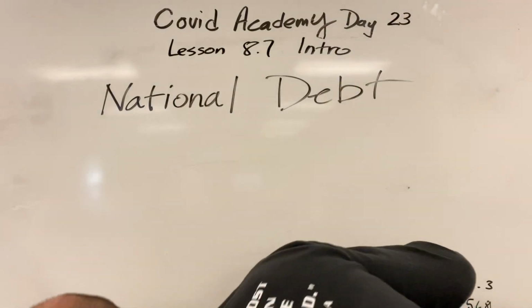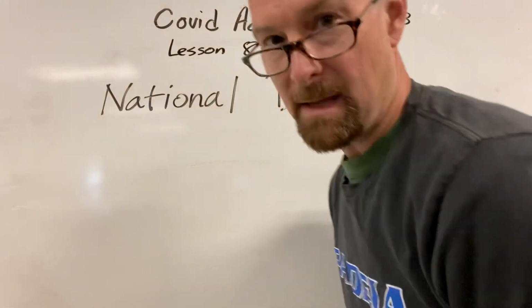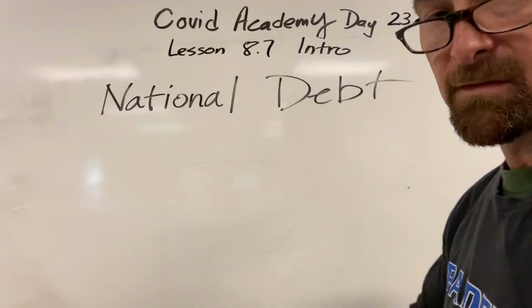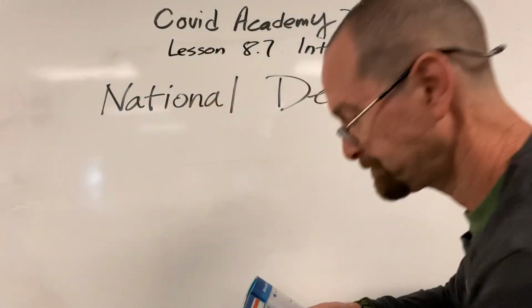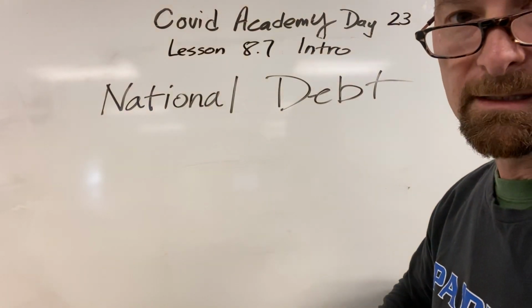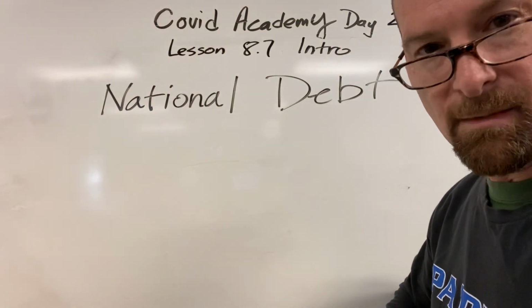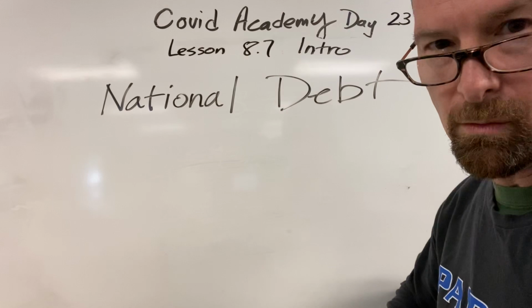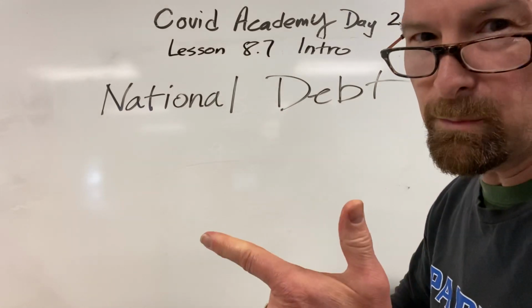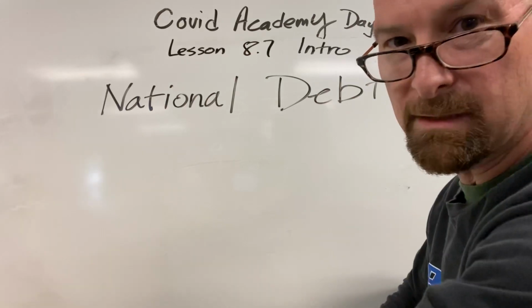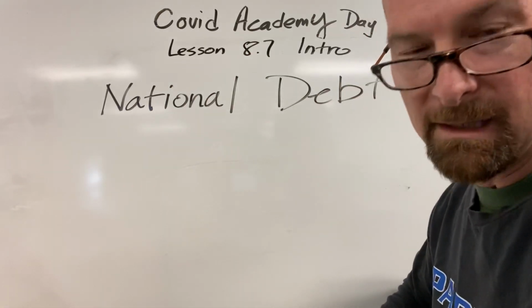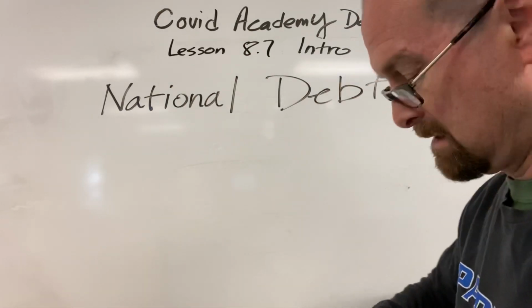Anyway, here's the deal. I did some looking up, and you're going to need this information for the top of page 298, so get there right now. Lesson 8.7. What is the current national debt? This is how much money we're in the hole. And it's not just that we owe it, but we have to pay interest on it. So the number gets bigger every day. It's never stopping. It goes deeper every day, with the interest.